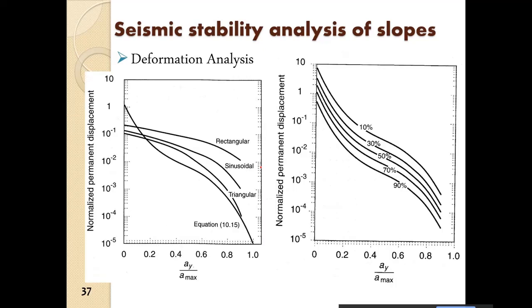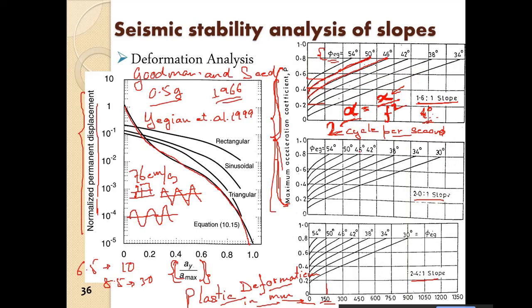Okay, so ultimately, they also considered equivalent numbers of cycles. What is the probability of exceedance? Equivalent numbers of cycles means the number of cycles where the yield acceleration is exceeded. In this case it is only for one cycle. So these are all for one cycle.